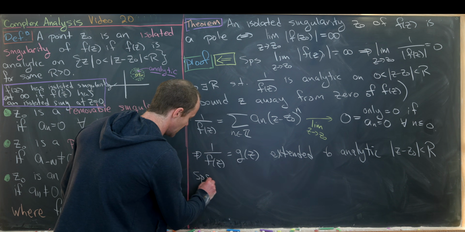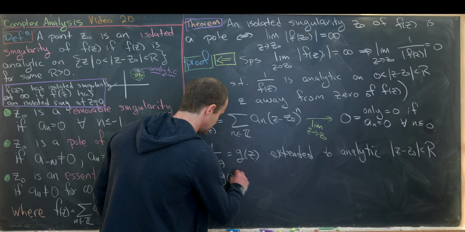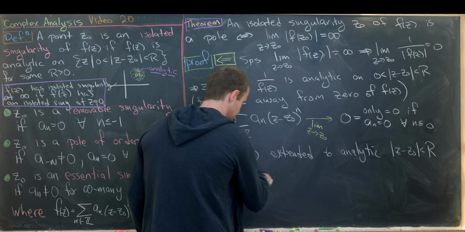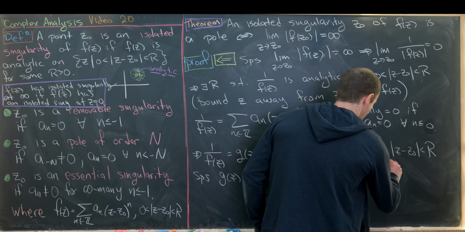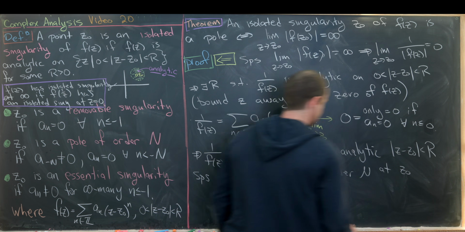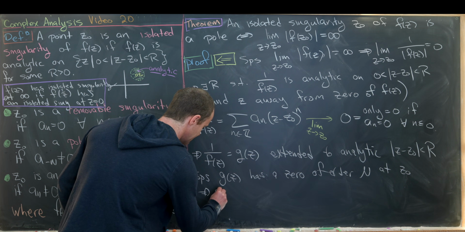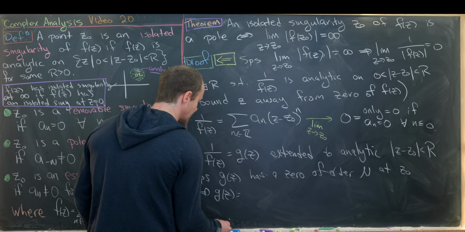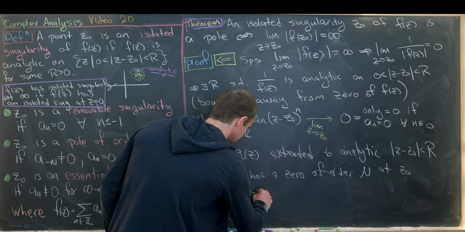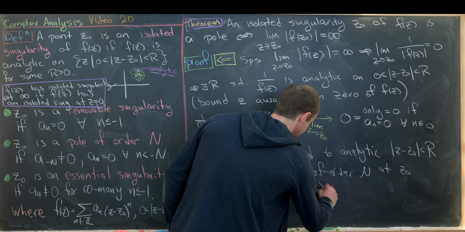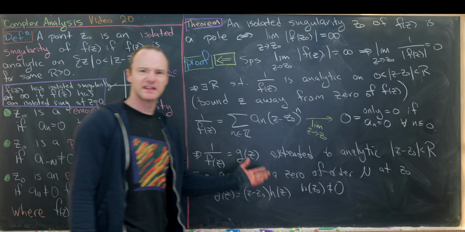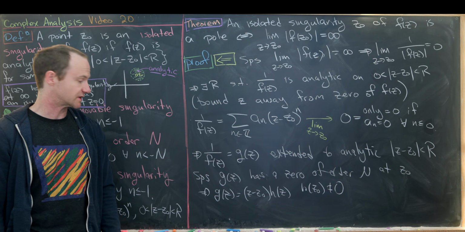So let's suppose that g of z has a 0 of order n at z naught. But what does that mean? That means that g of z can be rewritten as (z minus z naught) to the n times h of z, where h of z naught is not equal to 0. That's by something we did a couple of videos ago.